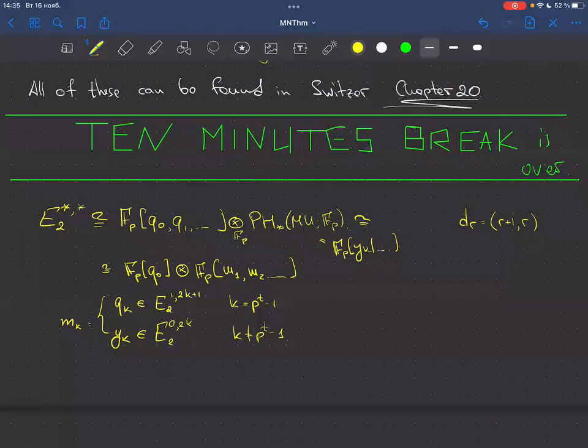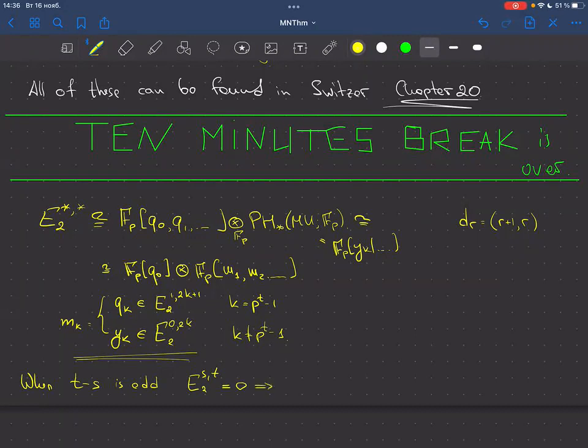And if we look at this, we can notice that when t minus s is odd, E2^{s,t} is 0, which implies that all our differentials are 0 identically, which means that E2^{s,t} is E infinity^{s,t}.